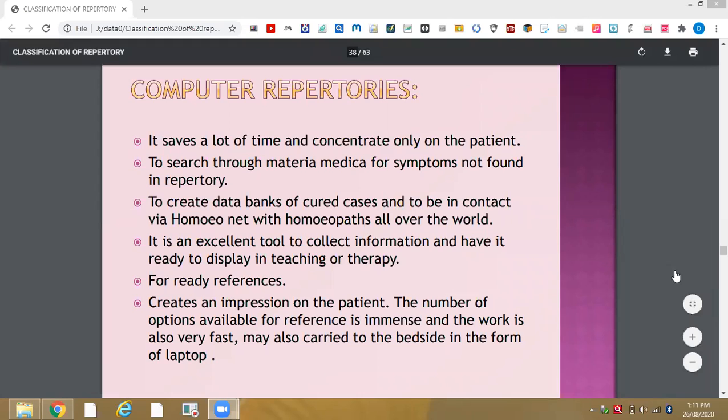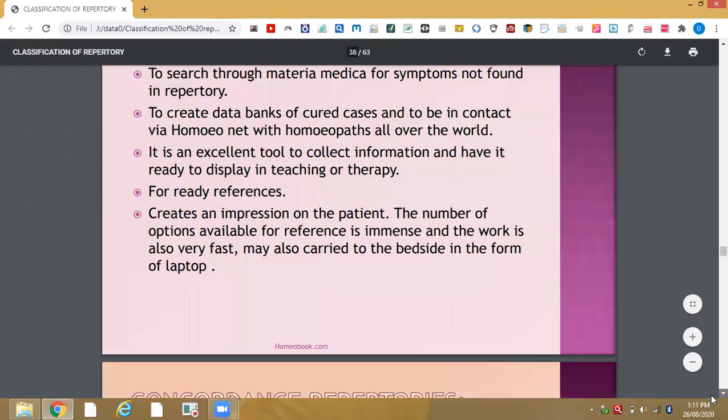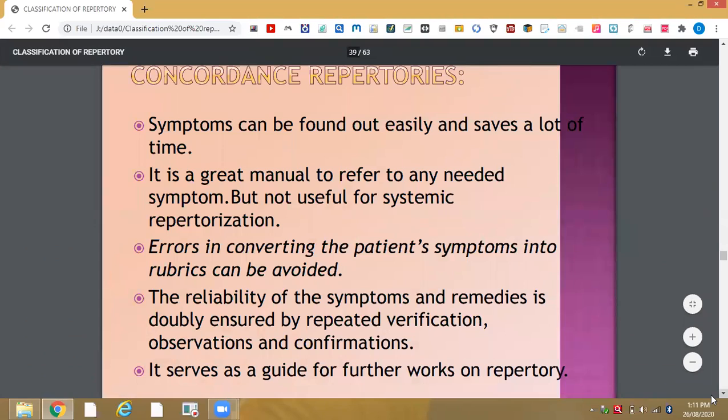So we discussed also in the last lecture about the computer repertories. Then concordance repertories, or Puritan repertories. The symptoms can be found out easily and it saves a lot of time.